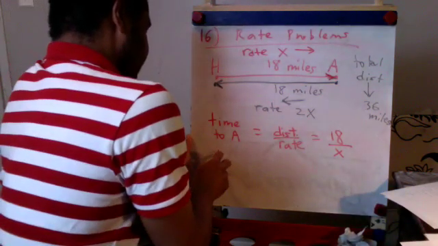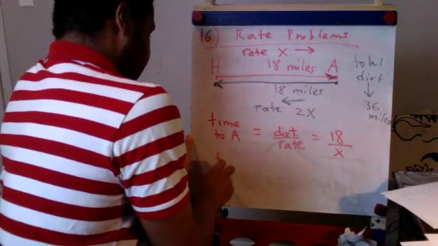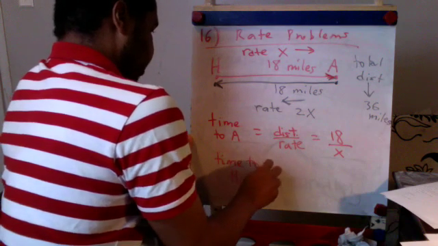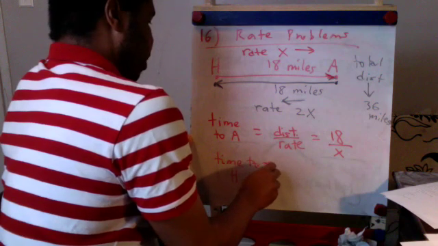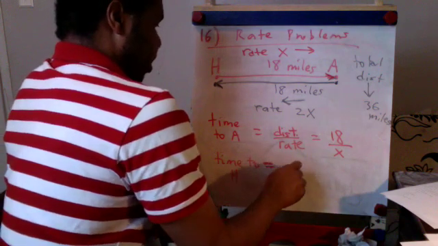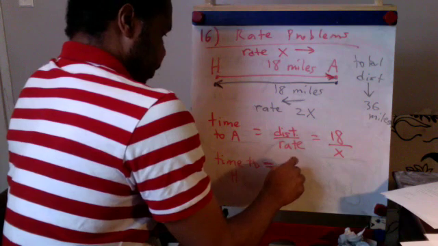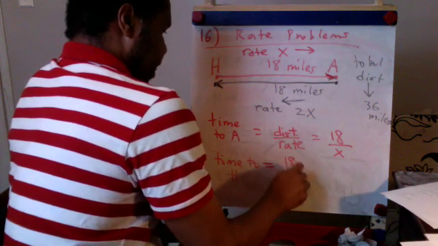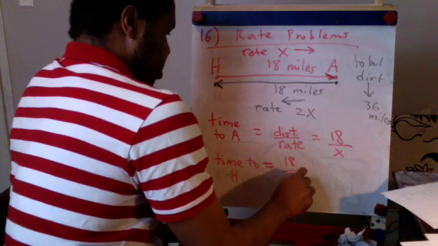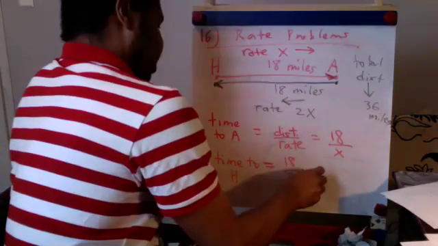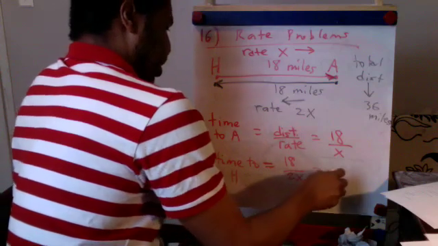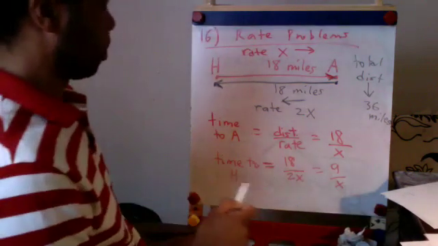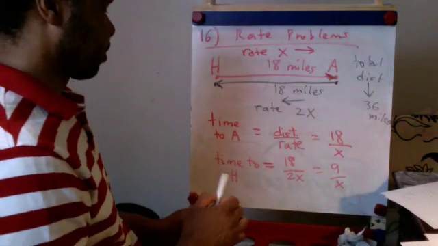And time to home, again, is going to be distance over rate. So that's going to be 18 over 2x, which, if you divide 2 into 18, you're going to get 9 over x. All right? Everybody got that?